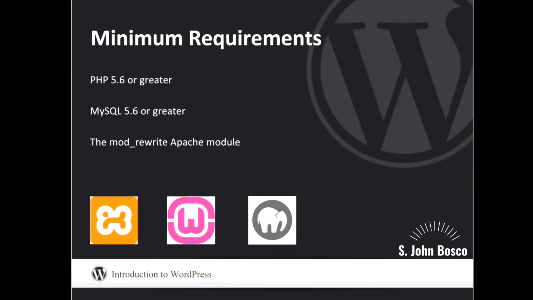To install WordPress, you need to have a server. That is, either you can have the XAMPP server or you can have the WAMP server. Those two servers are very much required for the installation of WordPress. If you are using a Windows based system, I recommend you to install XAMPP.